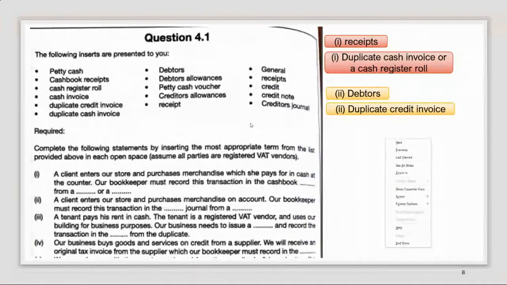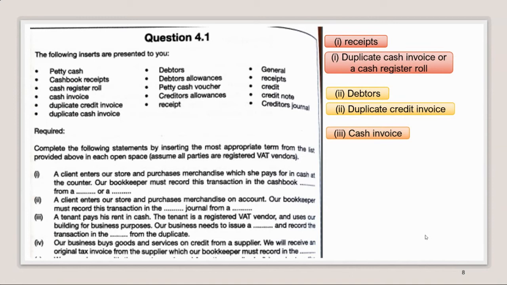And we would capture it in what journal? In what journal do we capture cash transactions? Zandile is asking why it is a cash invoice. Zandile, if you read the beginning, it says a tenant pays his rent in cash. Normally when you have a tenant, you would issue them an invoice and they would pay you.